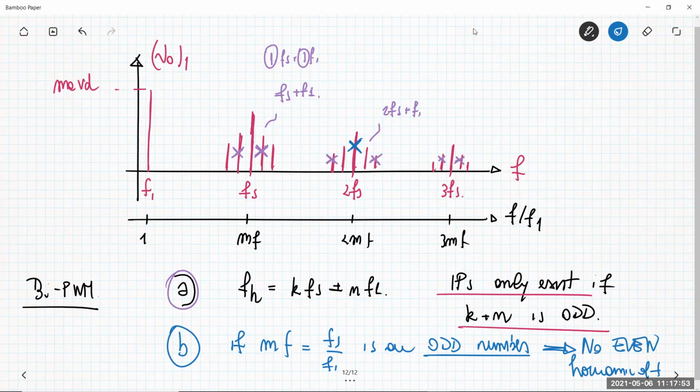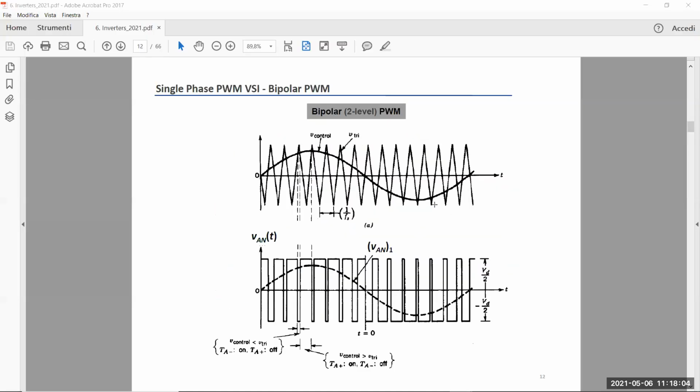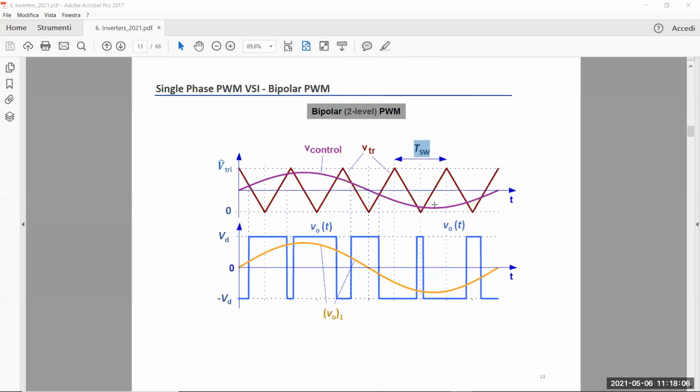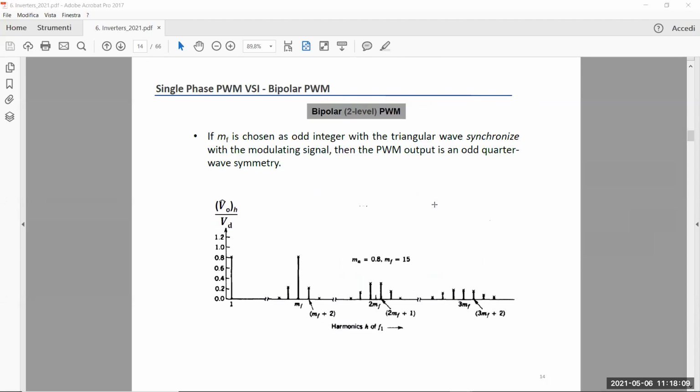Okay, so let me share the slide in which I have the spectrum. Is this one. Here there is an example in which MF is exactly an odd number, 15, as you can see here in this caption. MA is 0.8, and so this is the reason why the harmonic at frequency F1 reaches exactly 0.8.